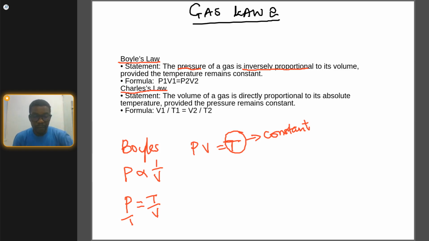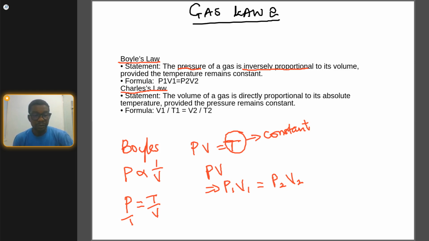So this implies that PV equals T is expressed as P1V1 equals P2V2, provided that the temperature remains constant.